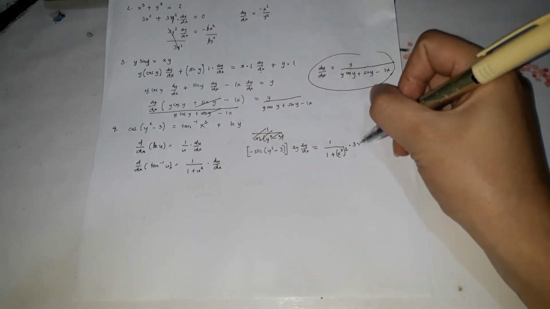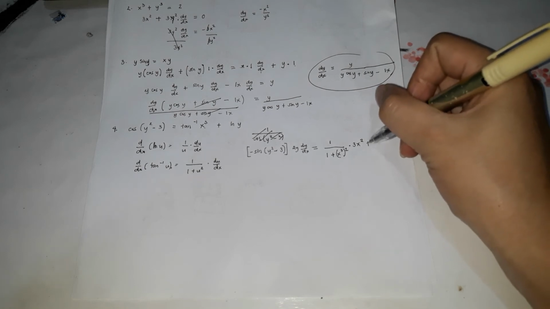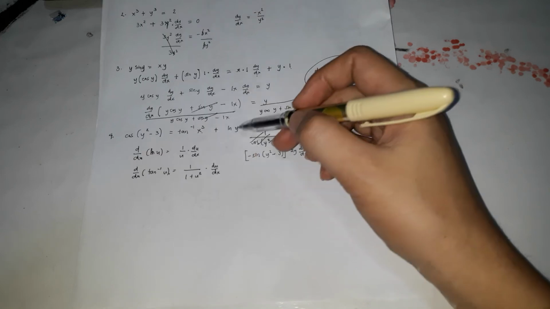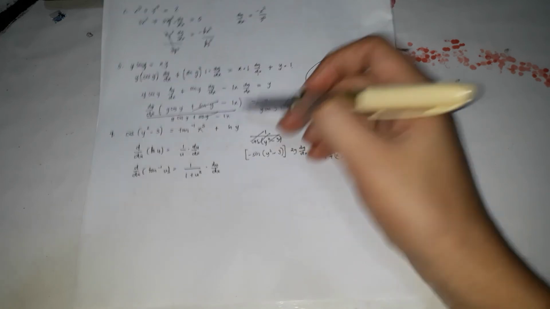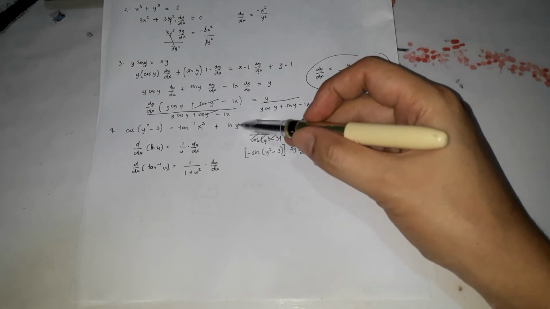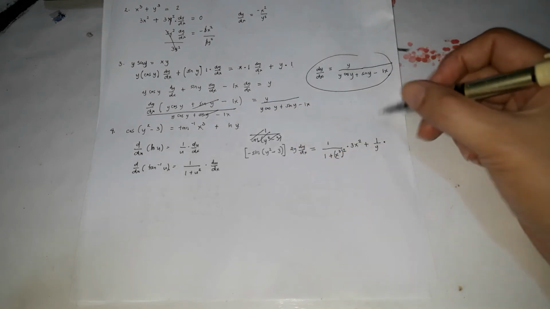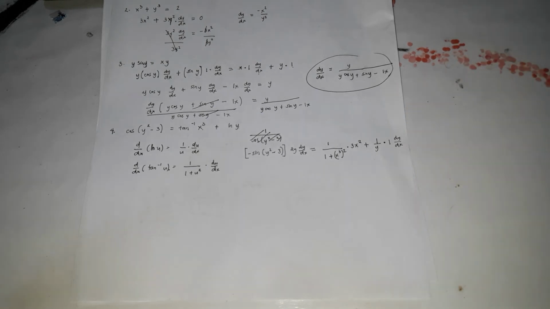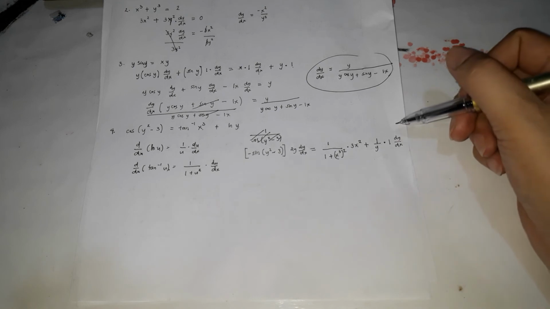So 3x squared plus, sa ln naman, ganitong gagawin. 1 over u, which is u dito is y. So 1 over y times, hanapin mo yung derivative ni y. Derivative ni y is 1 dy over dx. Lagyan mo ng dy over dx because it's y.